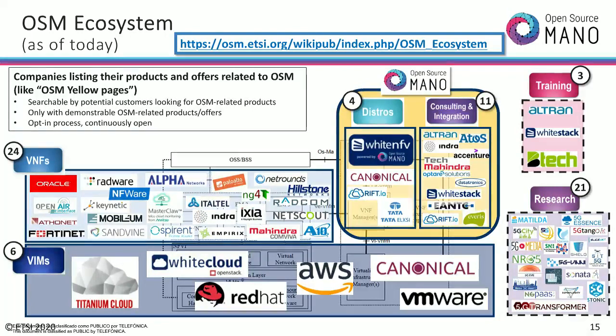Well, I think that maybe it's a confusion. Tomorrow this aspect will be very clear, because there will be a deep dive on how OSM supports Kubernetes. But essentially, you'll see tomorrow that OSM can embed in the packages several Kubernetes-based components that could be based on Helm charts or Juju bundles. And that would embed in those formats the information that you need to run those workloads as a part of a VNF or as a part of a network service.